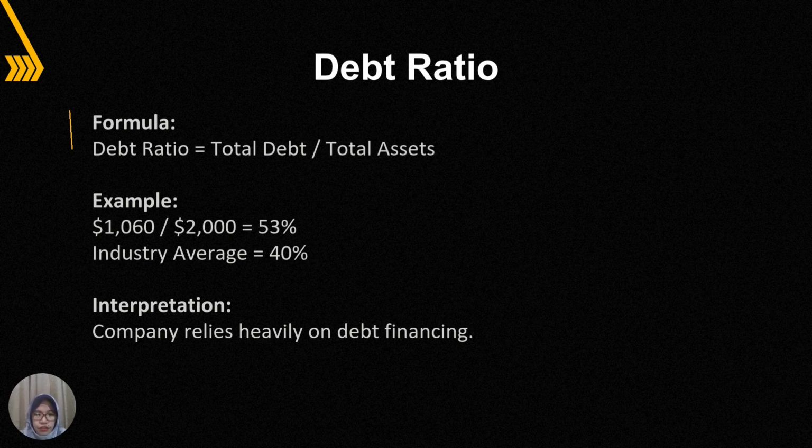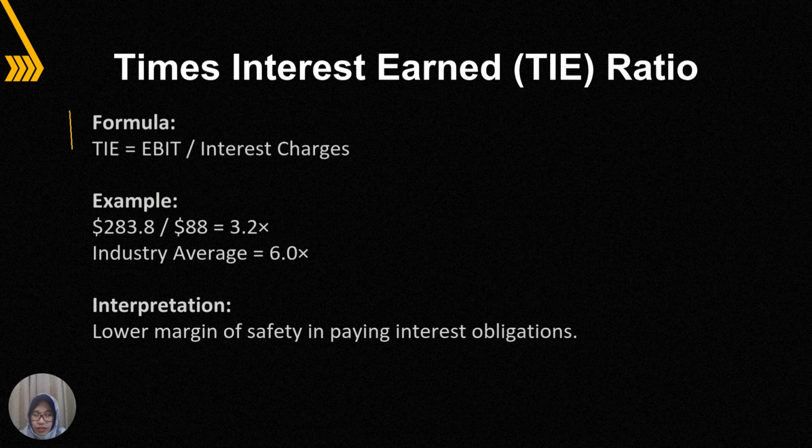Now, another ratio under debt management is the times interest earned, which is also known as the TIE ratio. This actually measures the company's ability to pay interest expense using operating income.